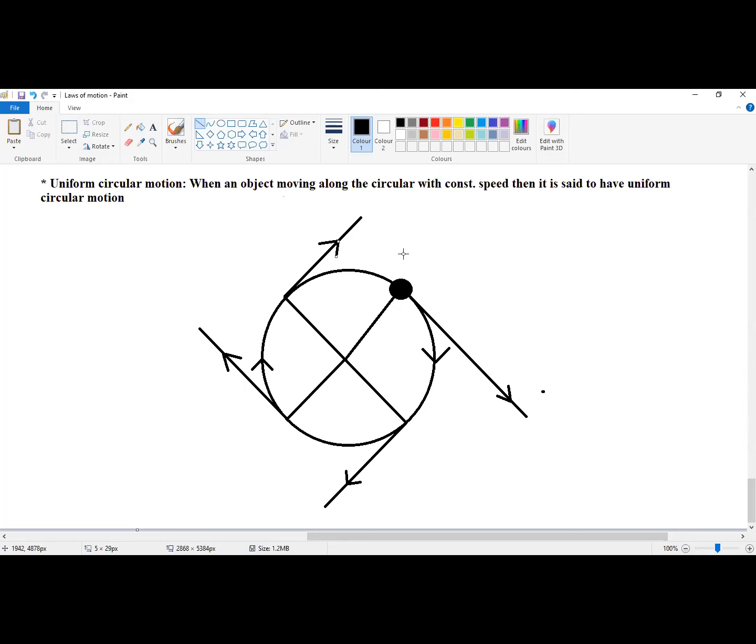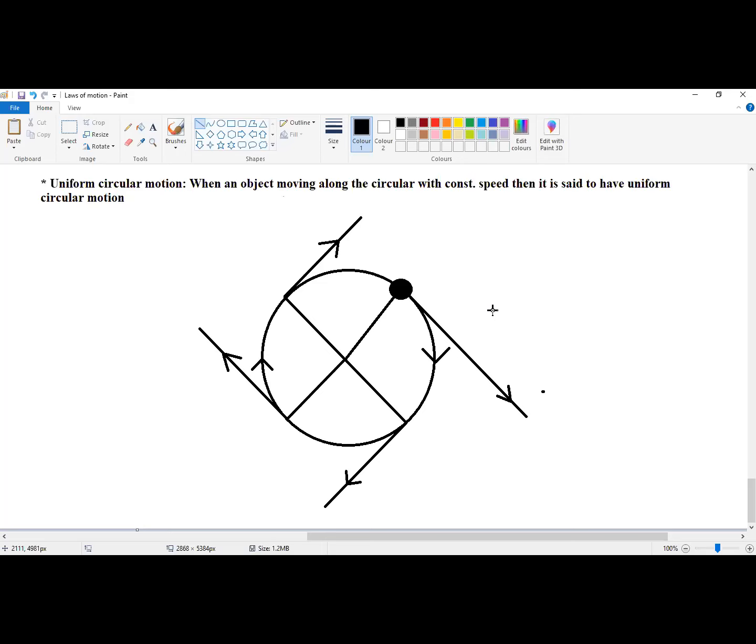So that means when any object performs circular motion, its direction is always tangential to any point on the circular path.